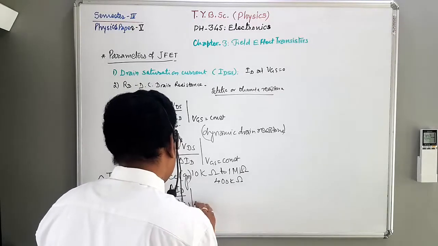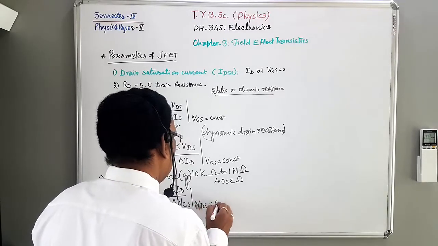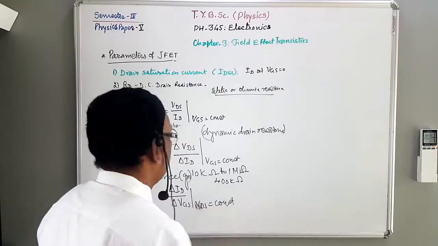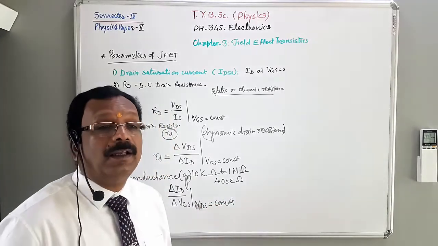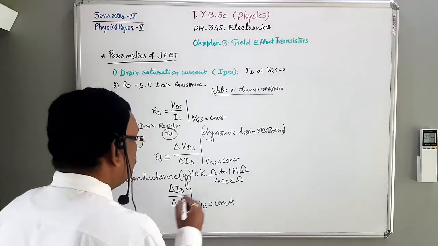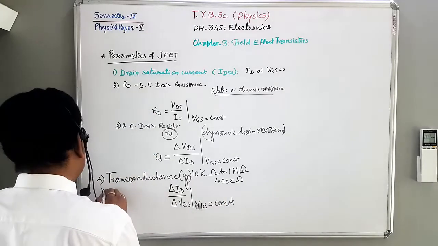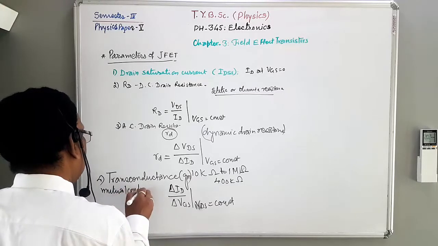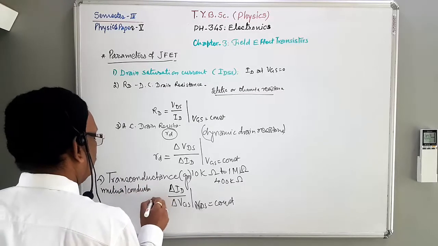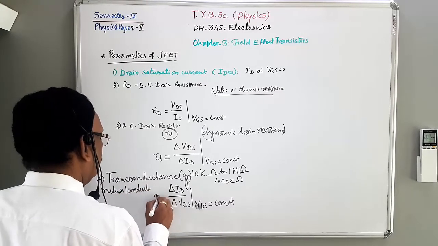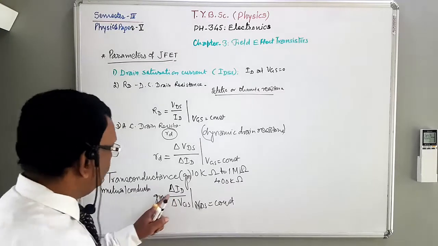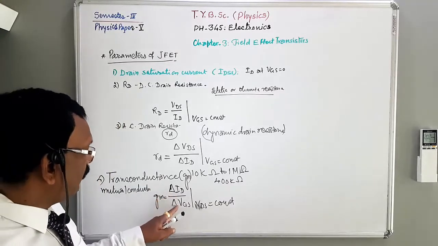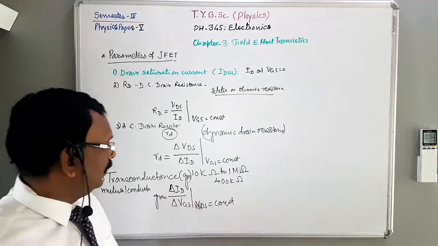It is also known as mutual conductance. So mathematically gm is equal to delta ID upon delta VGS at constant VDS.